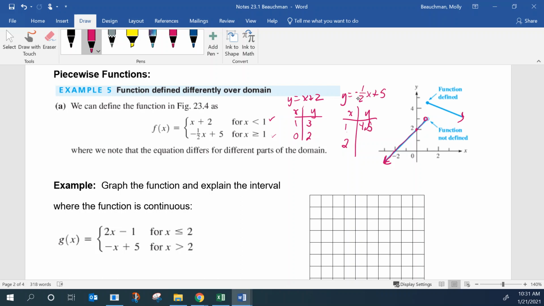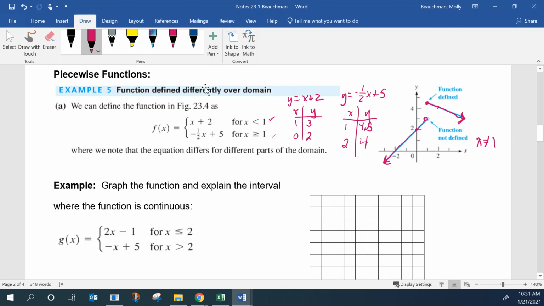Substitute a 2, -1/2 times 2 is -1 plus 5, which is 4. So notice it's x greater than or equal to 1, so I have a solid dot at the coordinate 1, 4.5. 2, 4 is another point, connect, and that's how I get my two pieces of the function. It's continuous everywhere except for where this break is, so it's continuous everywhere except x can't equal 1.